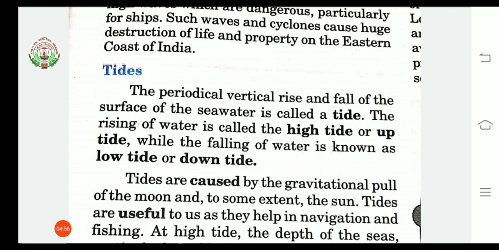When water rises, it is called high tide, and when water falls, it is called low tide or down tide. The main reason behind the tides is the gravitational pull of the moon and to some extent the gravitational pull of the sun.